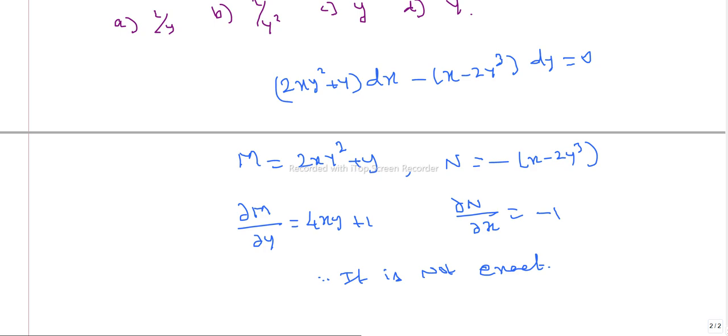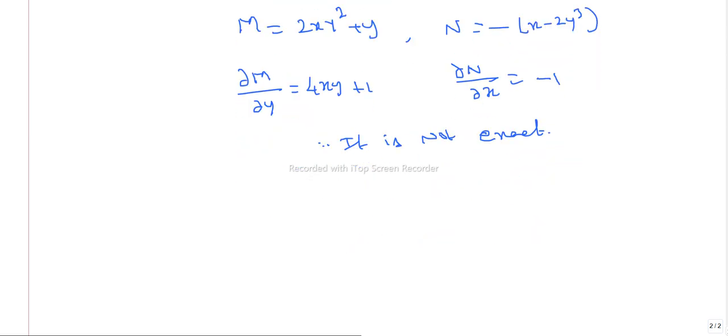So if it is not exact, we have to find the integrating factor. There are two methods. First, find dou m by dou y minus dou n by dou x, the whole divided by n.